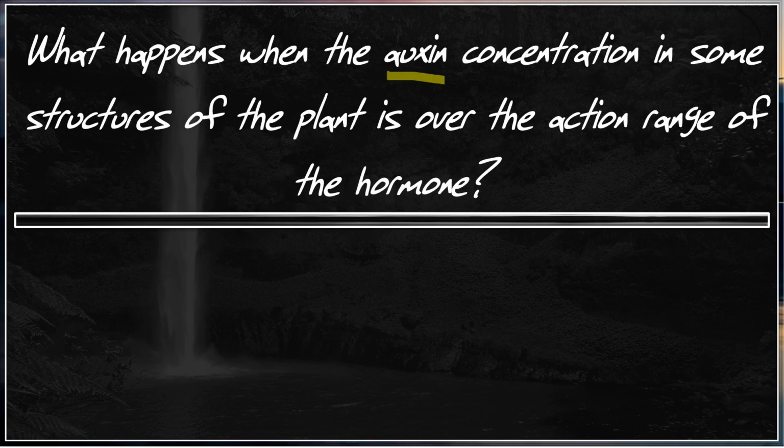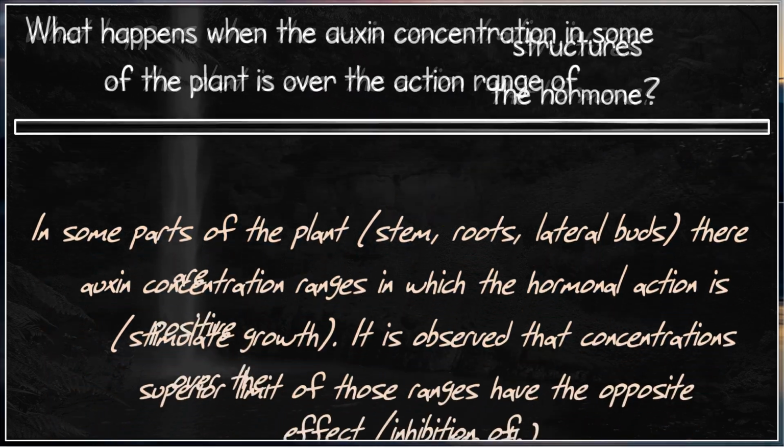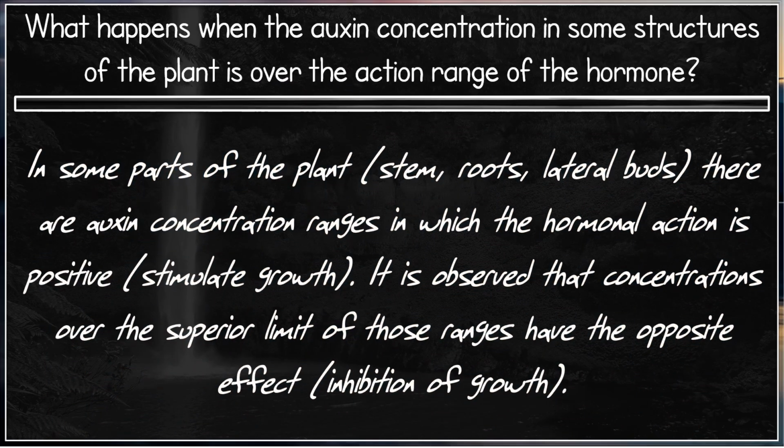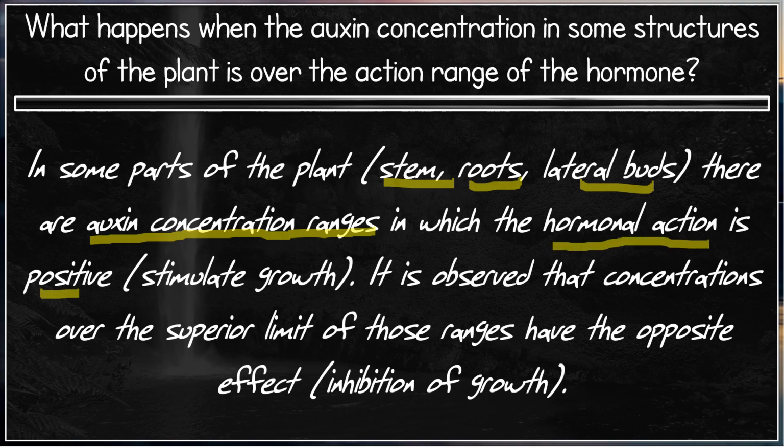What happens when auxin concentration in some structures of a plant is over the action range of the hormone? In some parts of the plants, the stem, the roots, and lateral buds, there are auxin concentration ranges in which the hormonal action is positive, stimulating growth.